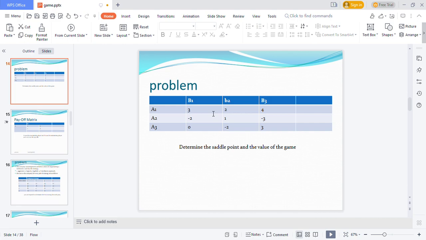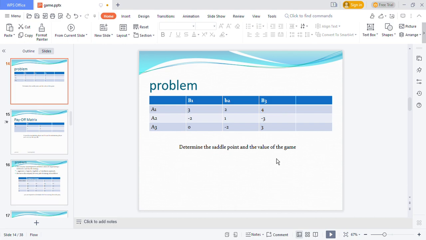These are the strategies they have undertaken: B1, B2, B3, and player A is taking strategies A1, A2, and A3. It is for us to determine the saddle point and the value of the game.